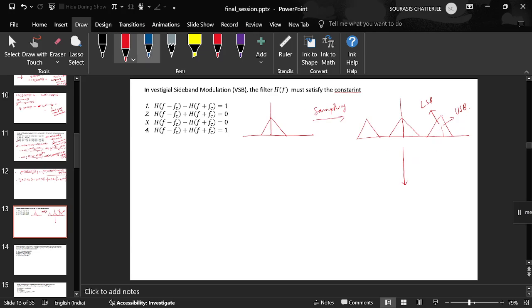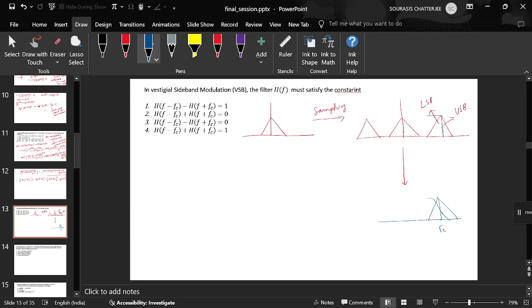But the issue is that ideally, in mathematics, you can apply a filter which has a sharp cutoff, but in practice it's not achievable. So let's say this is centered around the frequency fc, you employ a filter which has cutoff characteristics like this.